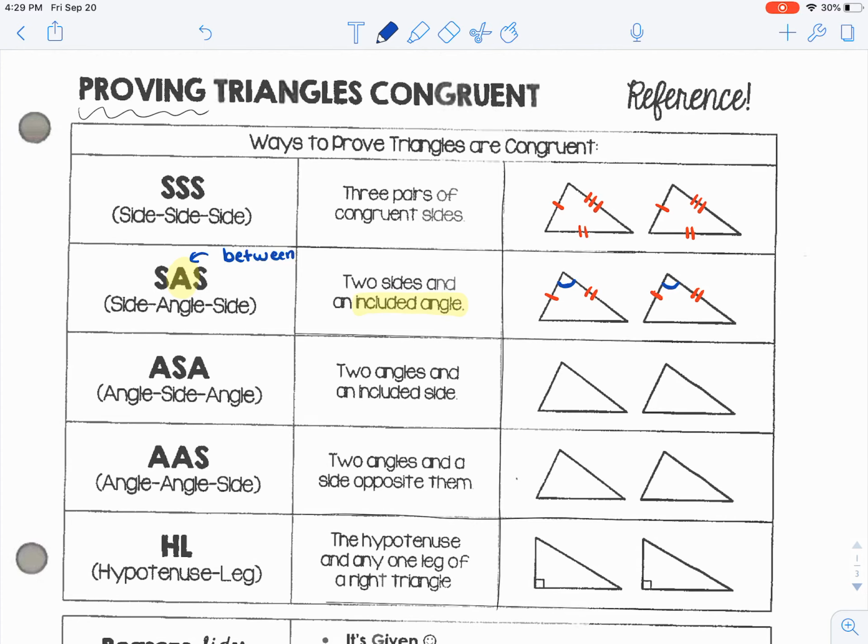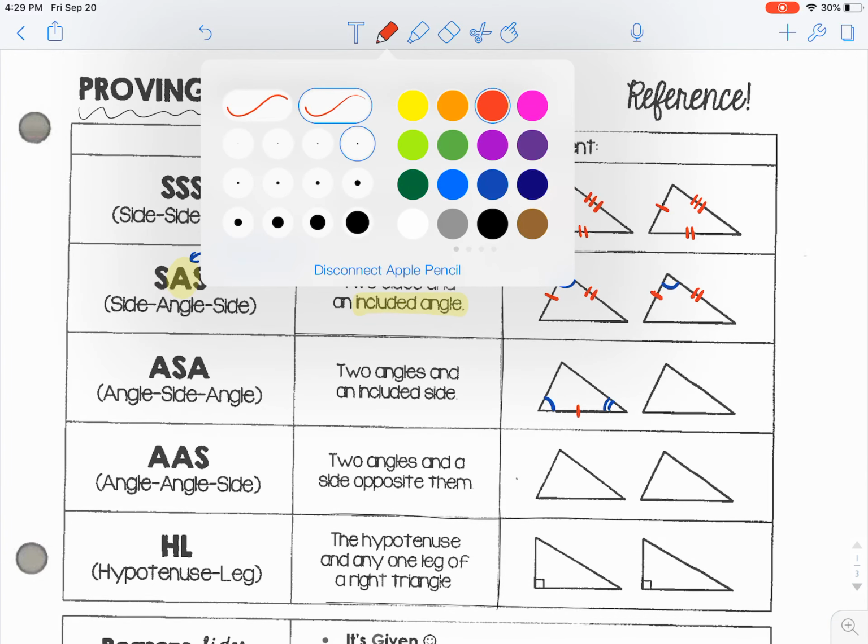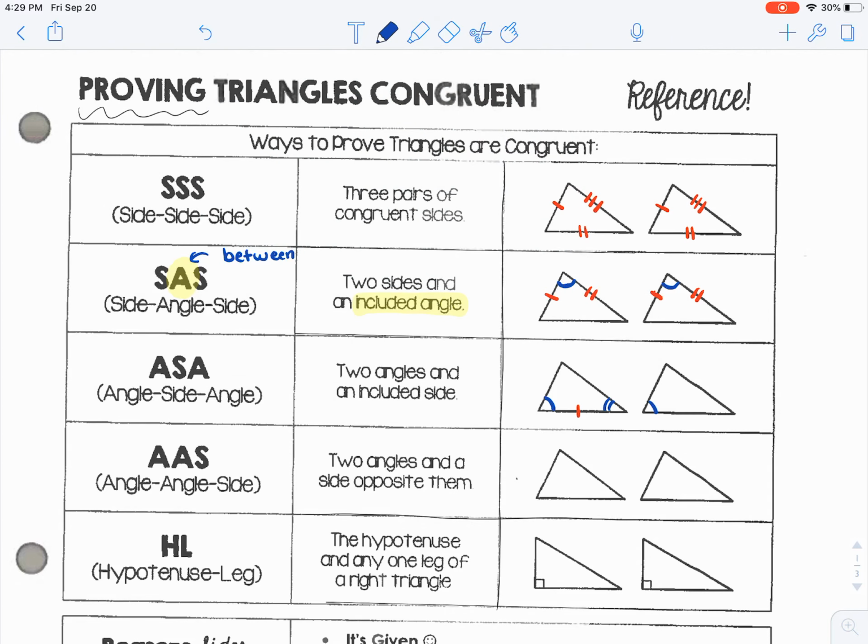After we learned side, side, angle, side, the next day we learned angle, side, angle. It said if 2 angles and the included side of one triangle are congruent to 2 angles and the included side of another triangle, then the 2 triangles are congruent.